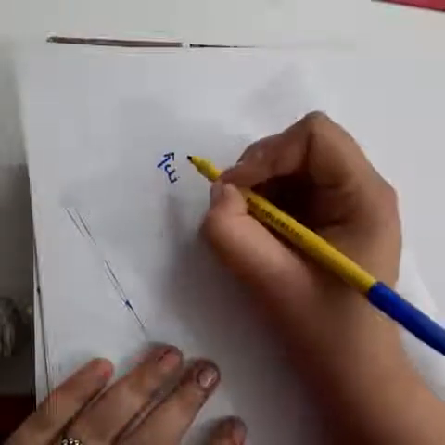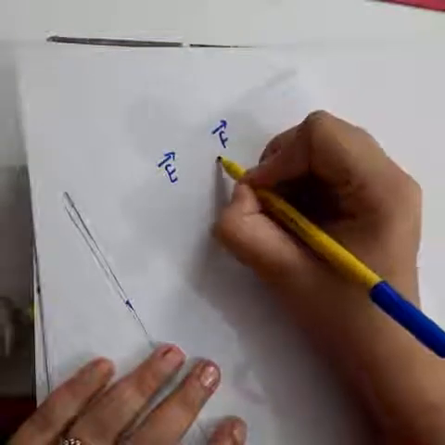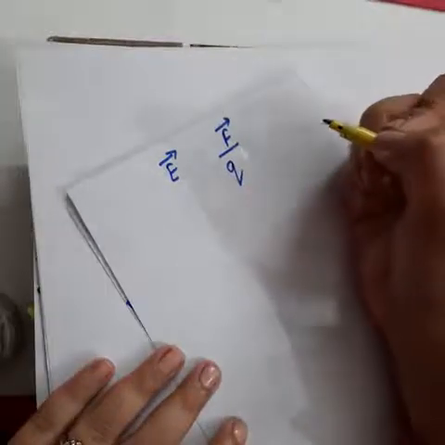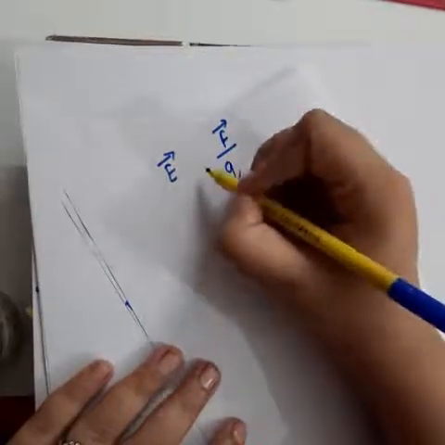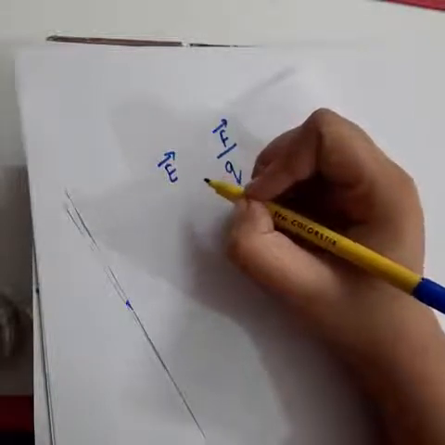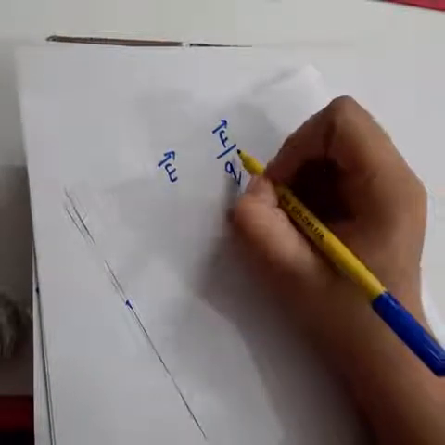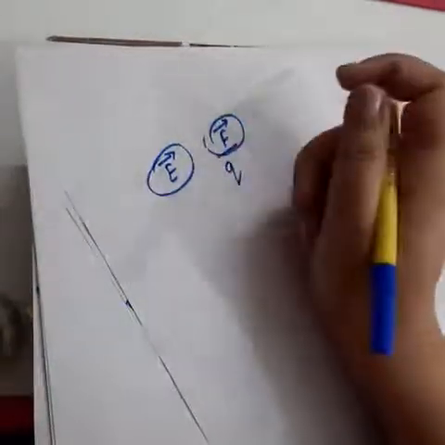And electric field intensity is nothing but the force experienced by a unit positive charge. Earlier we were talking about electrical effects in terms of vector quantities like electric field intensity, like Coulomb's force.